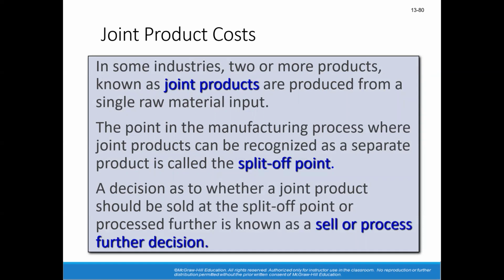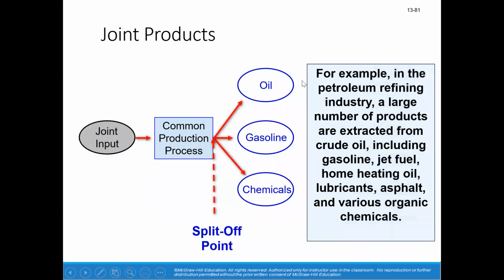The point in the manufacturing process where joint products can be recognized as separate products is the split-off point. A decision as to whether a joint product should be sold at the split-off point or processed further is known as the sell or process further decision.